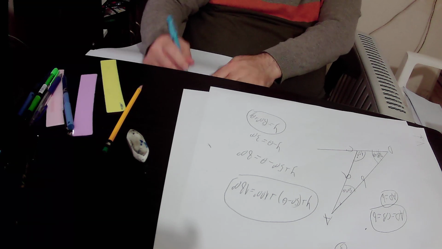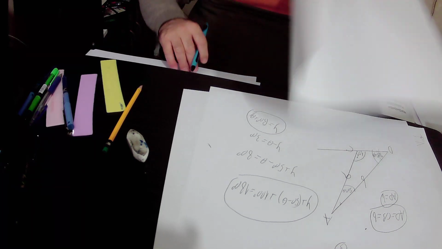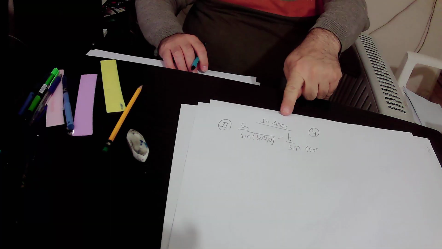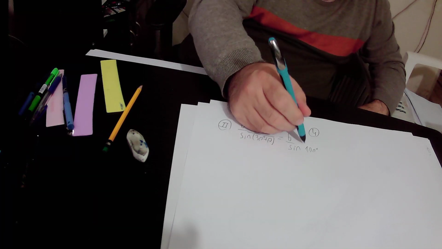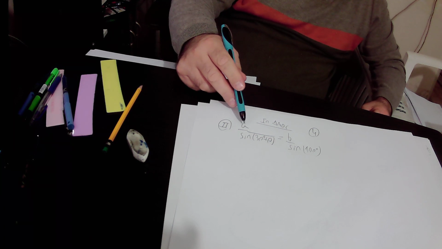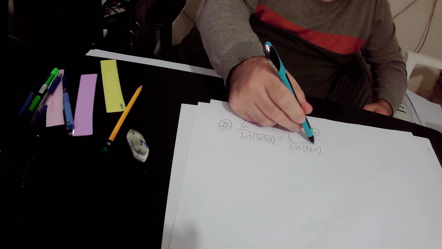I'll repeat again. In triangle ADC, if we implement the law of sines, we will get that A over sine 30 degrees plus theta equals B over sine 100 degrees.